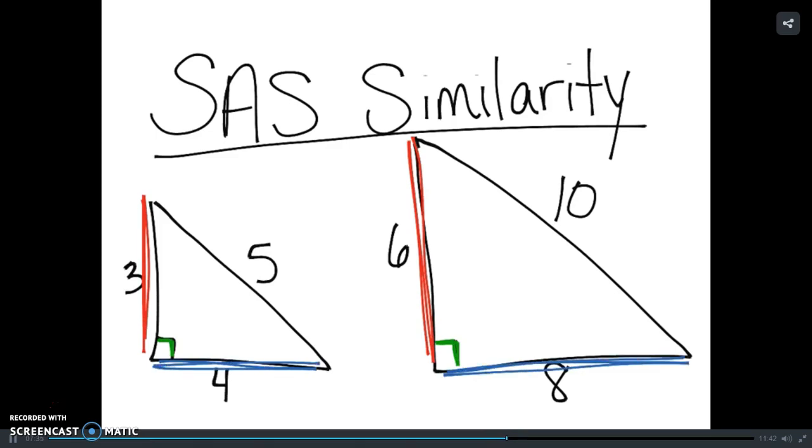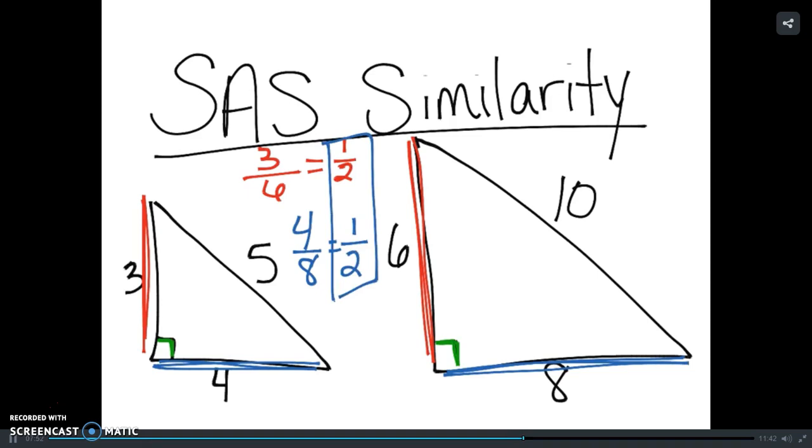Okay, and we have to write our proportions. So we're going to do 3/6 and 4/8. They don't look the same initially, but when we reduce those, we end up with the same ratio for both of them. Then we look at the angle. Remember, the angle has to be in the middle.